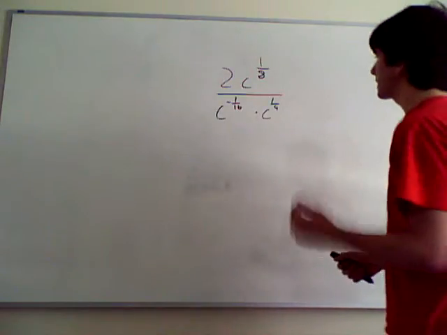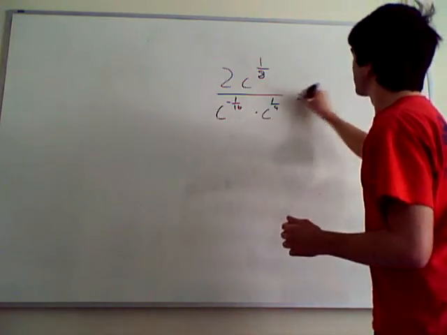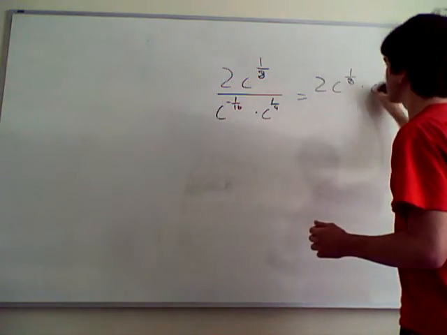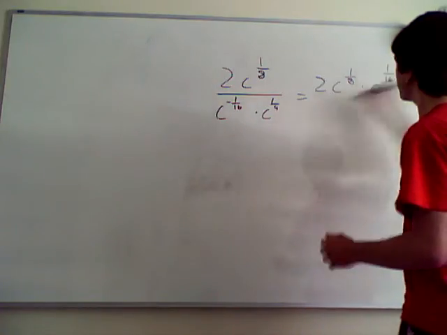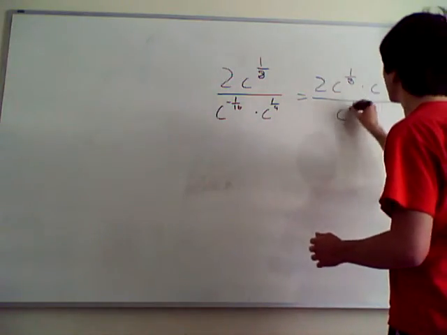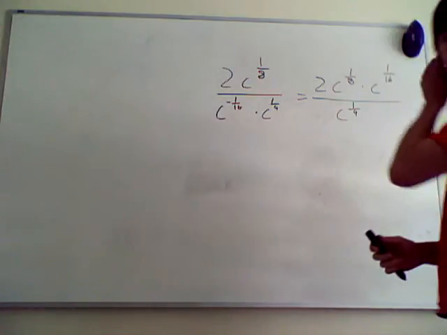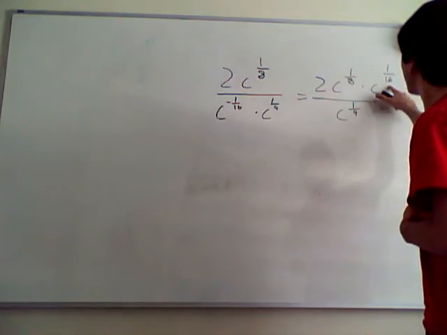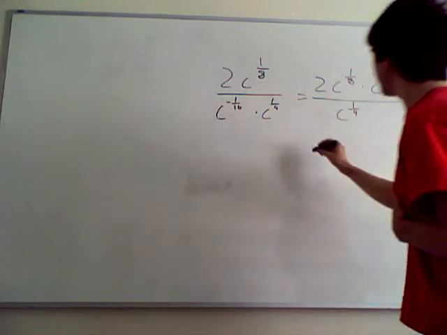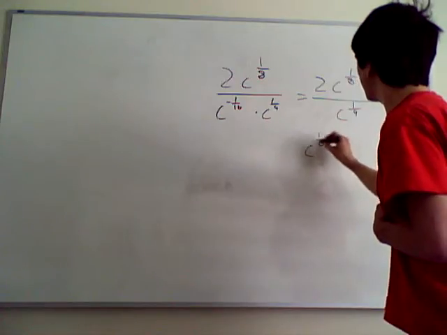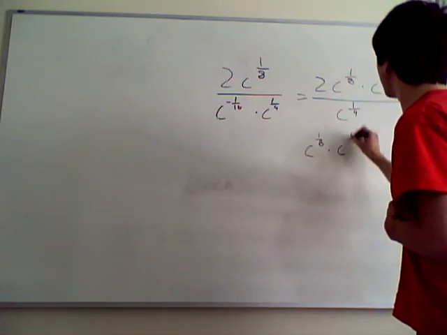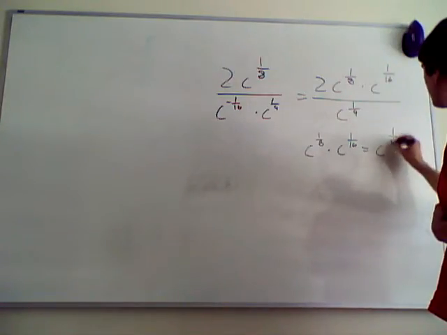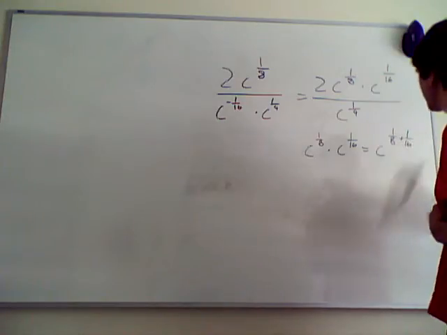So what you get now is 2c to the 1/8 times c to the 1 over 16 divided by c to the 1 over 4. Okay? Now, remember what I told you? 1/8 and 1/16, when they're multiplying, you just add them, so you get c to the 1 over 8 plus 1 over 16.